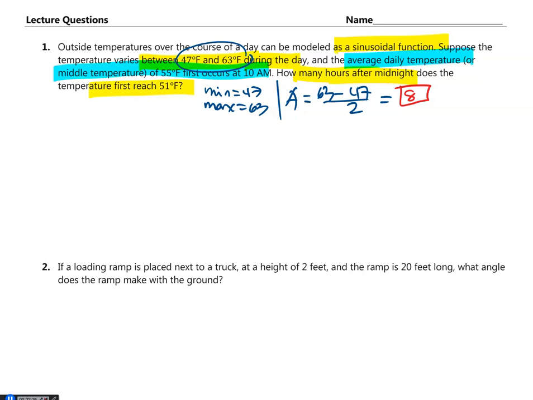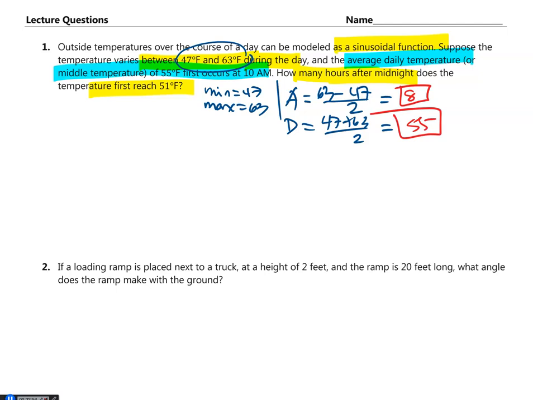Same thing with the maximum and the minimum, we will be able to solve for our midline, or the D, that is 47 plus 63 divided by 2, that is 110 divided by 2, which is equal to 55.